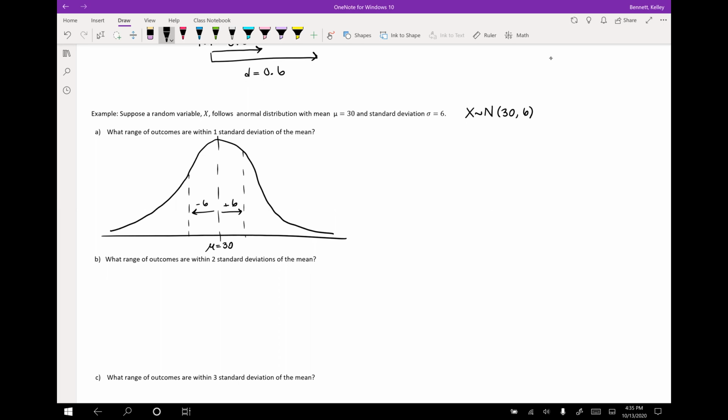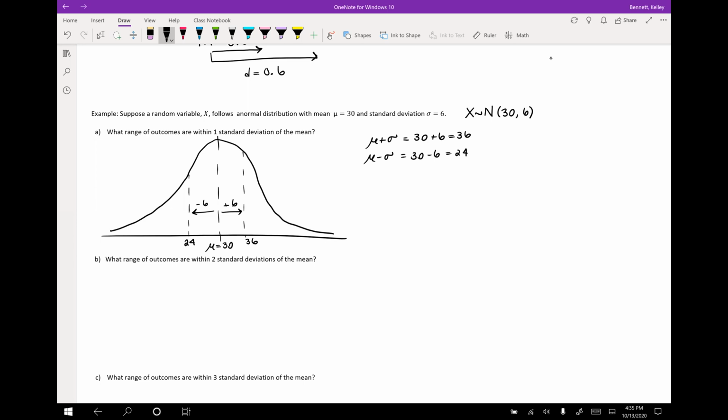If I'm at 30 and I go up by 6, that puts me at 36. And if I go down by 6, that puts me at 24. The other way you could look at that is mu plus sigma, mu minus sigma. So that was 30 plus 6 giving me 36, or 30 minus 6 giving me 24.